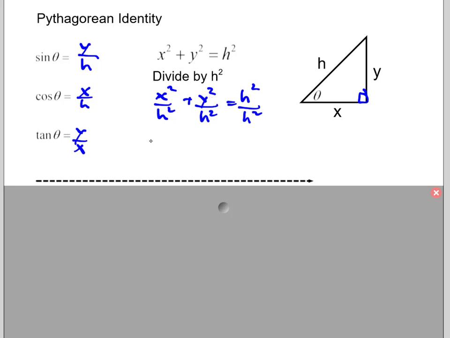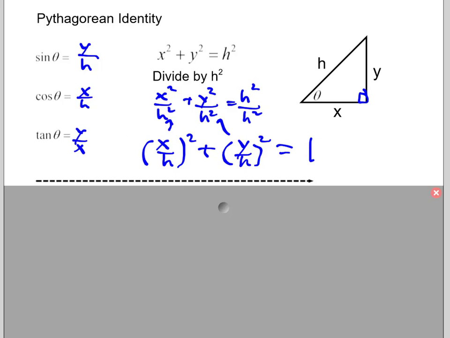And now something happens here. I'm just going to rearrange this using some of our exponent rules. So x over h all squared is the same as that line, plus y over h all squared is the same as that term, and h squared divided by h squared is just 1.